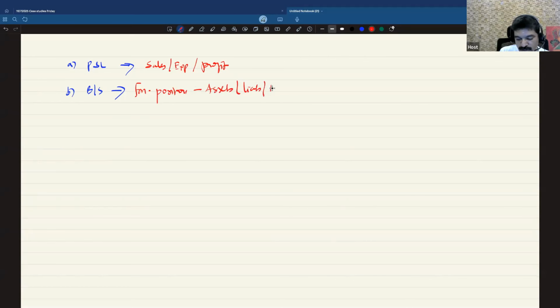Then a question may arise: still, there is a cash flow statement. A cash flow statement will communicate the cash flow movement based on activities, which are classified as operating activity, investment activity, and financing activity. These three statements are there, but their objectives are different, and they are not communicating one thing.